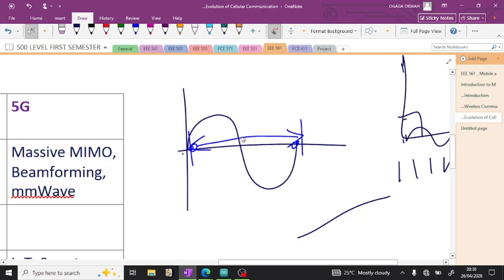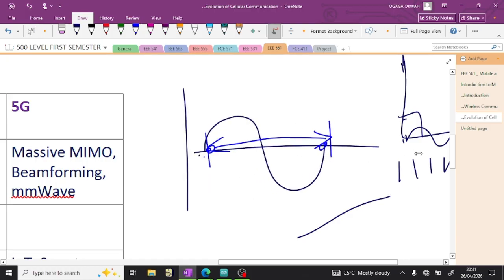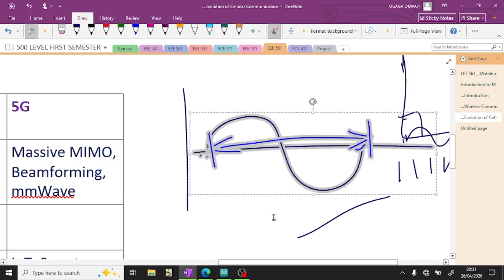When you say millimeter wave, it means the frequency is so high that the length of the wave becomes so small that it's just in millimeters. This is a high frequency, and this is a low frequency.